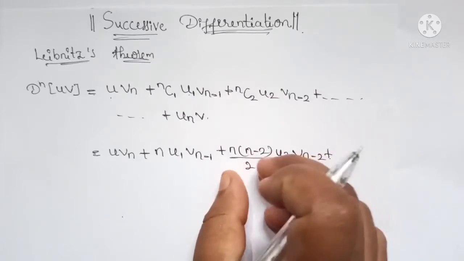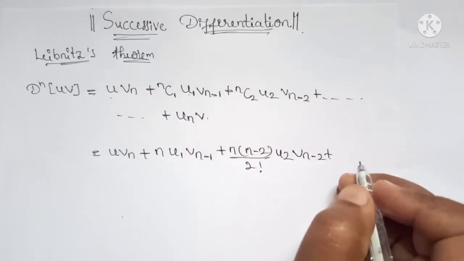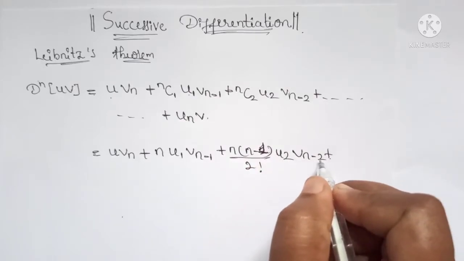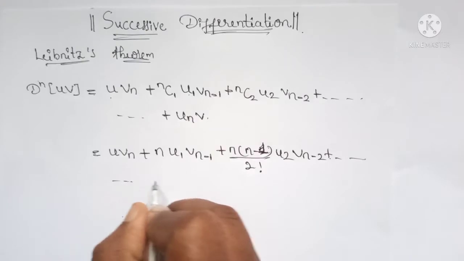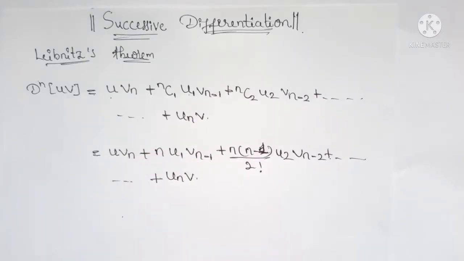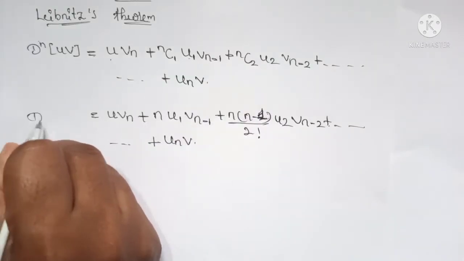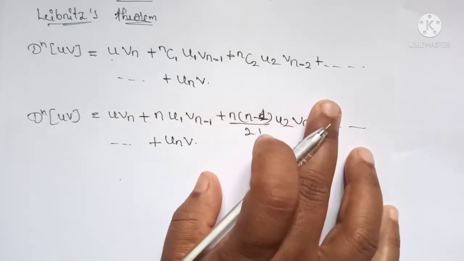Next you can substitute the nC3 value, n into (n-1) into (n-2), and so on. Lastly we get un into v. So this is the Leibniz theorem. You can just recall this formula directly, and we substitute the nC constant values here.